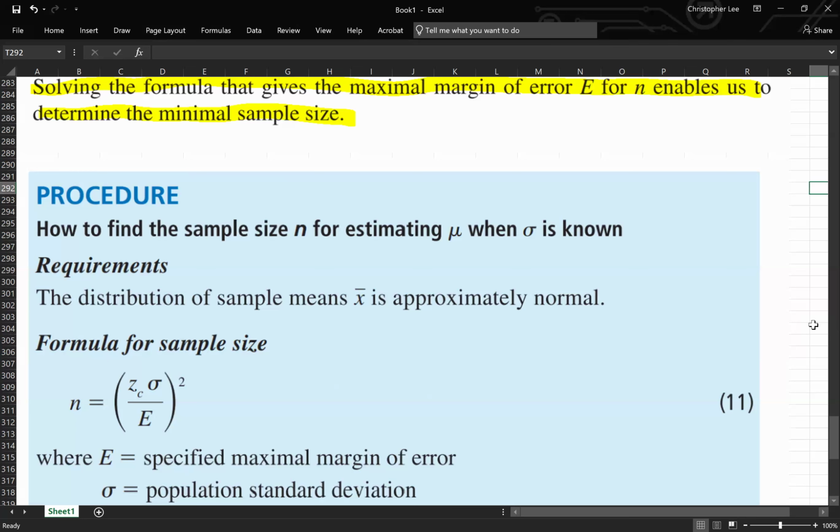So the formula, when sigma is known, is n equals z critical times the standard deviation sigma, divided by your margin of error, squared.